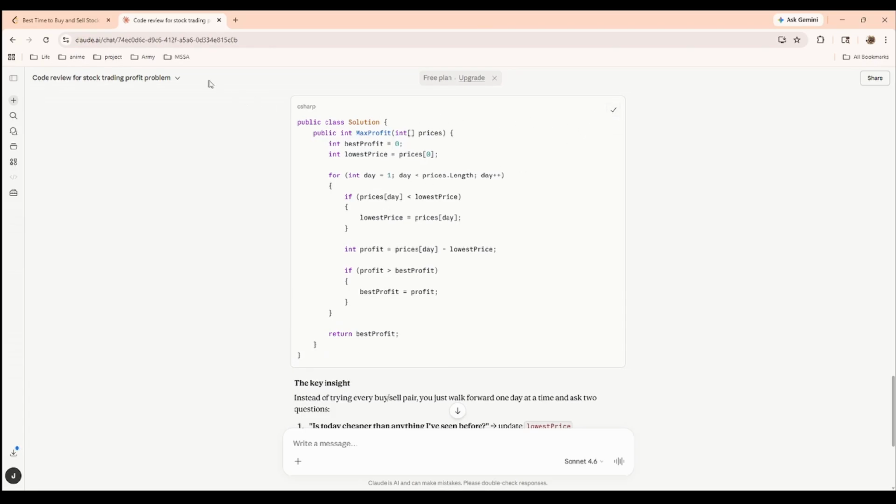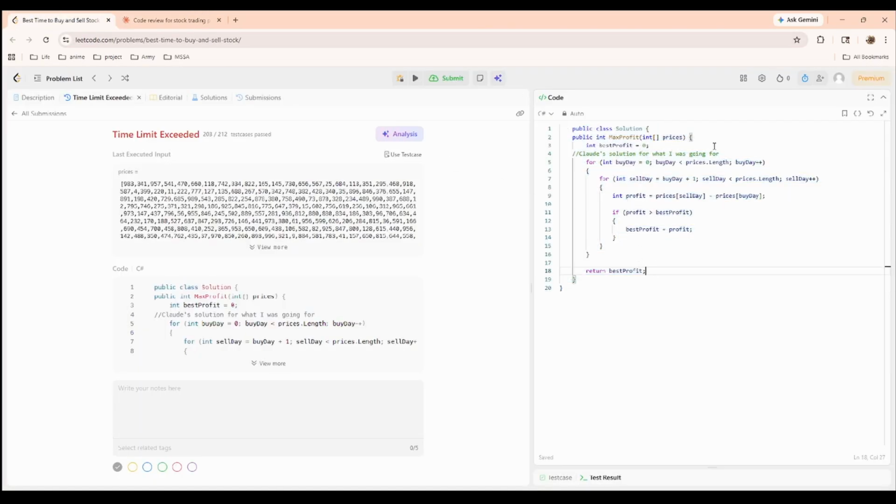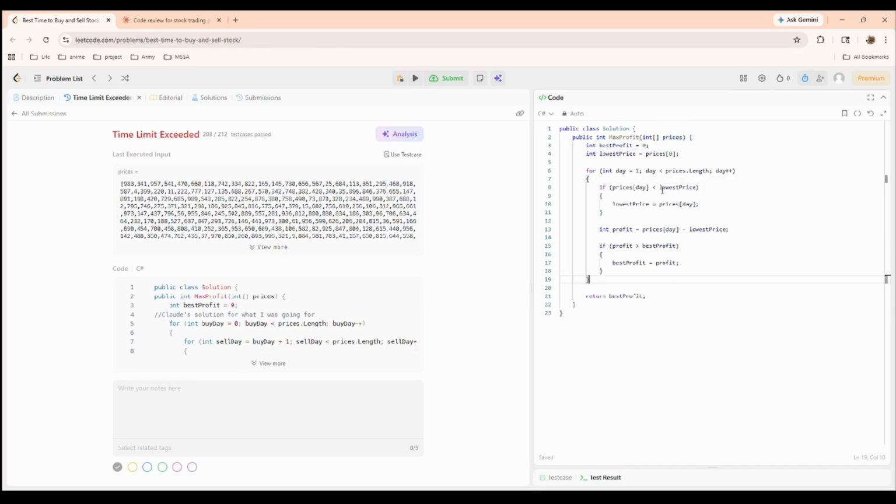Well, what is this? Best profit we have, lowest price. Oh, using this to kind of update. Oh my god, that makes so much sense. Okay, and then updating it, at least the lowest price.